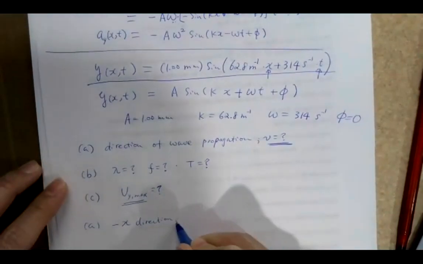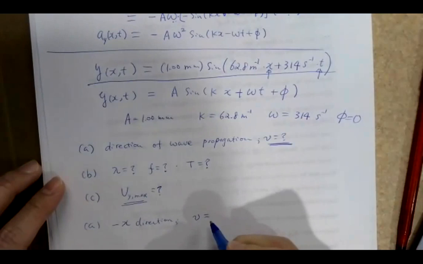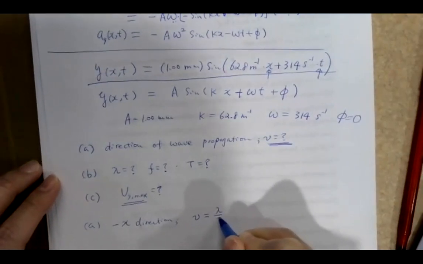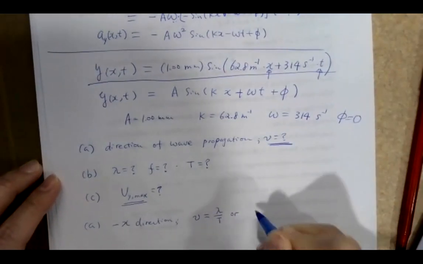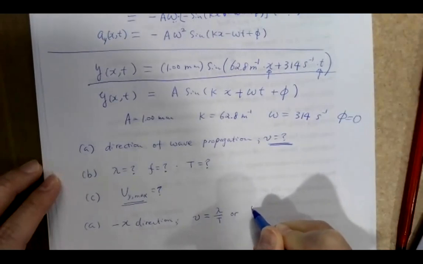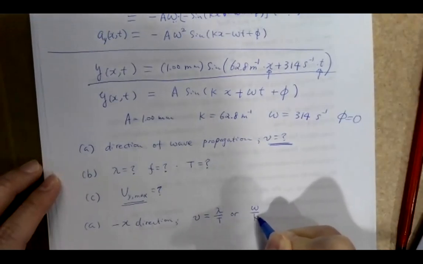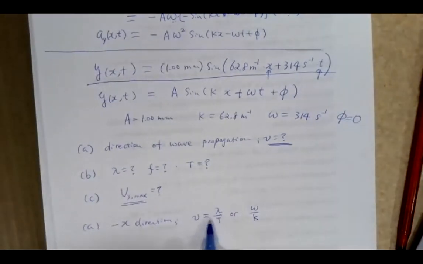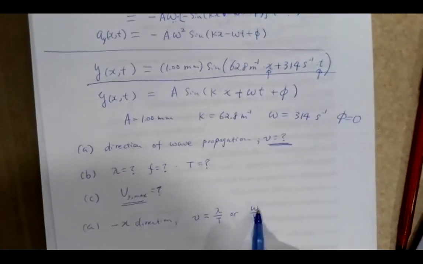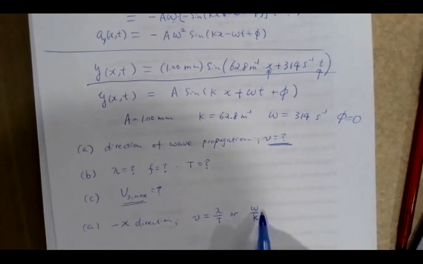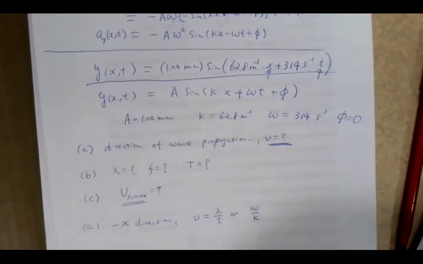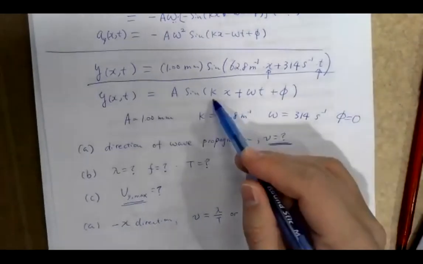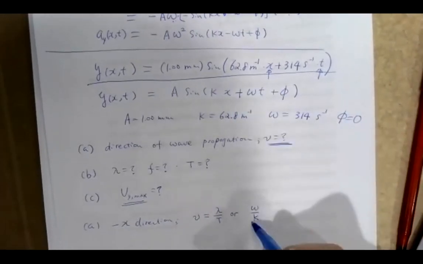Now for the speed of the wave, this is equal to lambda over T, or you can do omega divided by k. A few slides back we saw this. This is from the definition, but once you introduce these two parameters, you can also get the speed by omega divided by k. The problem gives us k and omega, so we will use the second one.